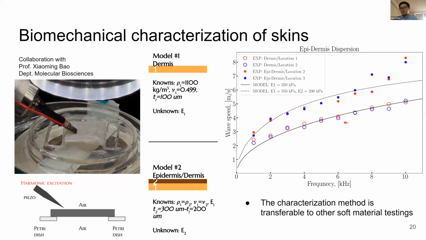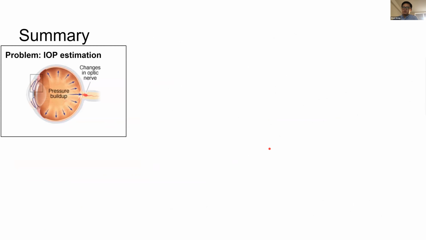So we have managed to predict the Young's modulus of the artificial epidermis on the dermis. That means the method is transferable to other material testing.